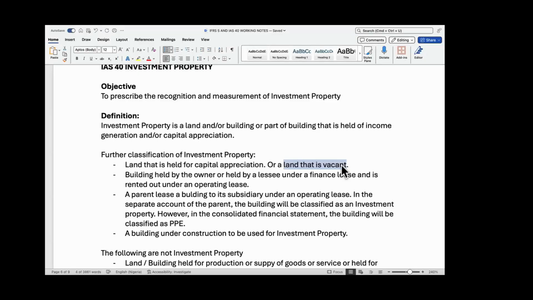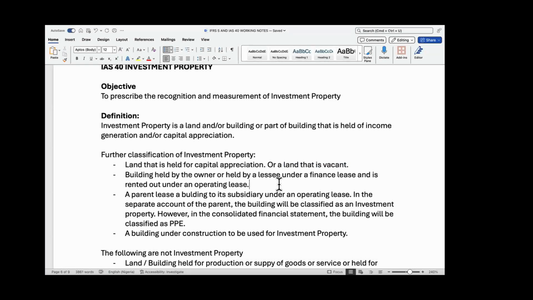That's an investment property. Or you have a building that you own, or a building that you even lease under a finance lease, and you now rent it out under an operating lease. That building is an investment property because you are holding it for rental income.